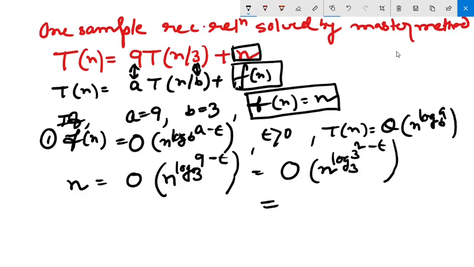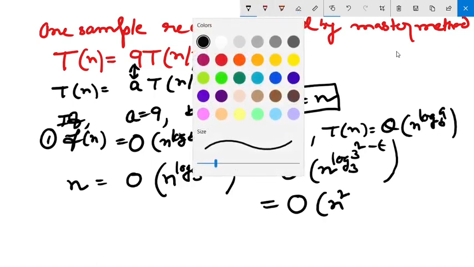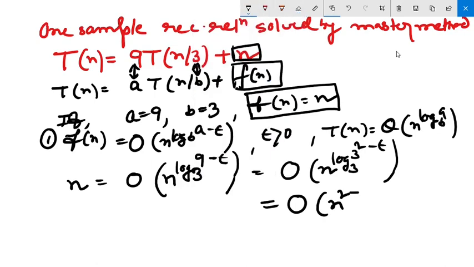So ultimately it becomes big O of n to the power log base 3 of 3 square, so n square, and log base 3 of 3 is 1. So basically it is becoming n square minus epsilon.